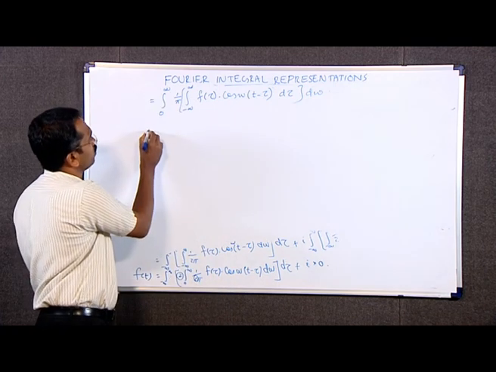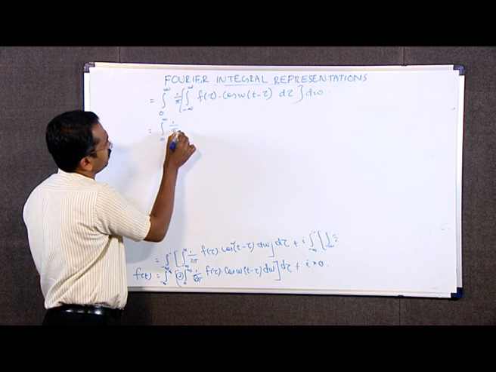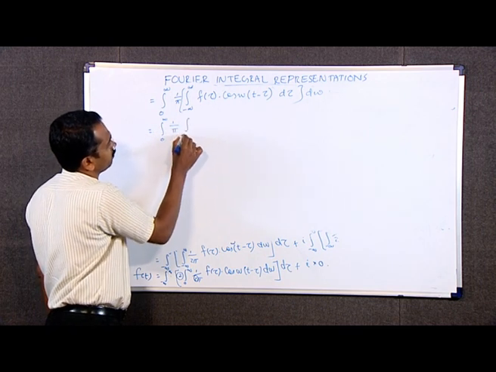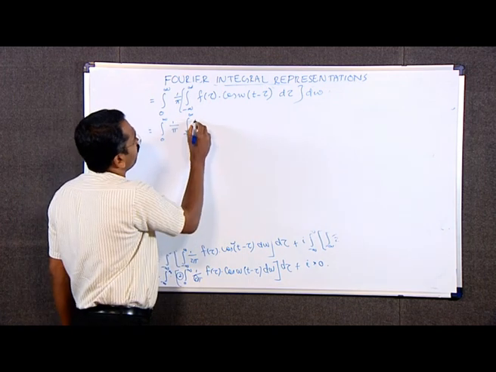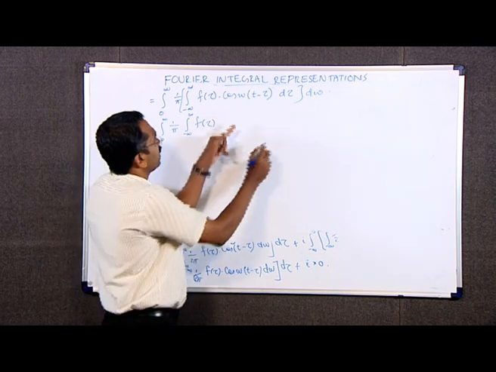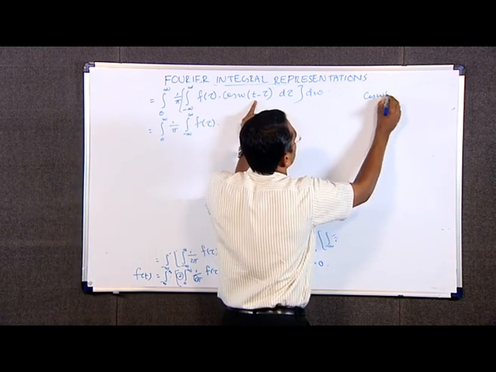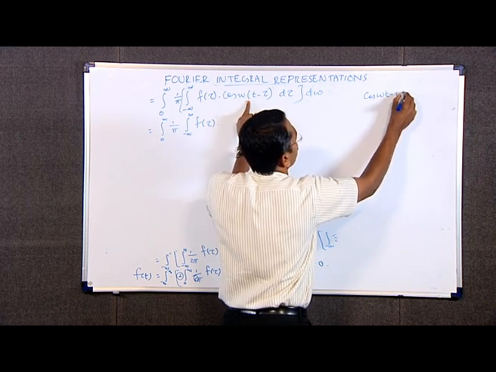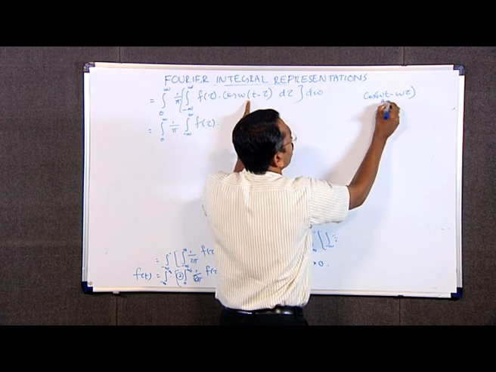Which is equal to the integral from 0 to infinity into 1 by pi, integral from minus infinity to infinity, f of tau into cos (omega t minus omega tau), which is of the form cos (a minus b).